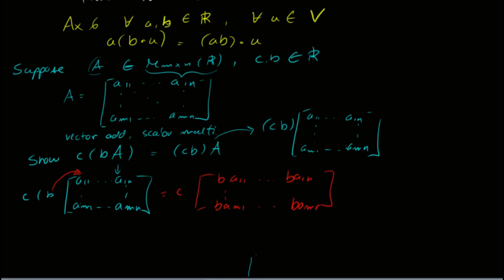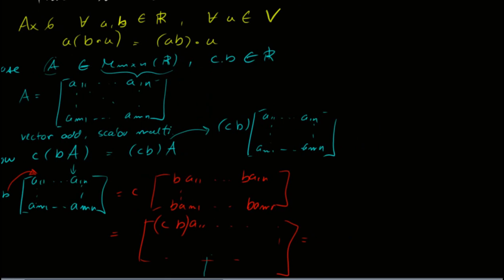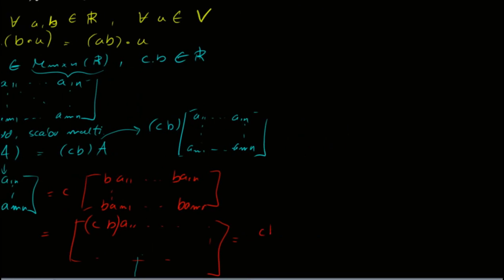And then again you would multiply by c, so you get cb A11, and then similarly everywhere, really. And then you could factor the cb out, and you would get what you were looking for, which was cb times A11 through A1n, AM1, AMN.